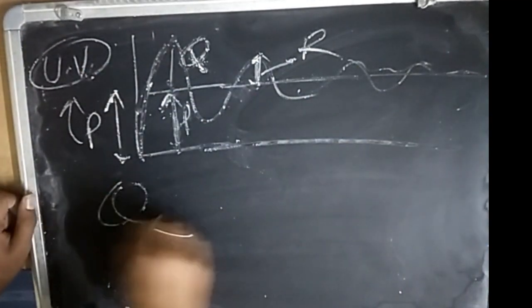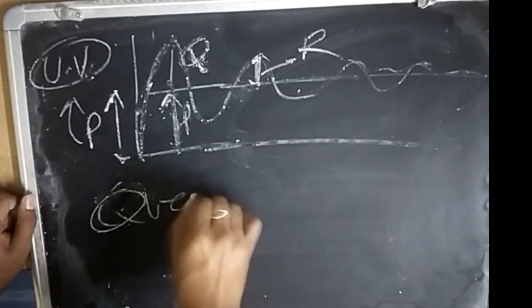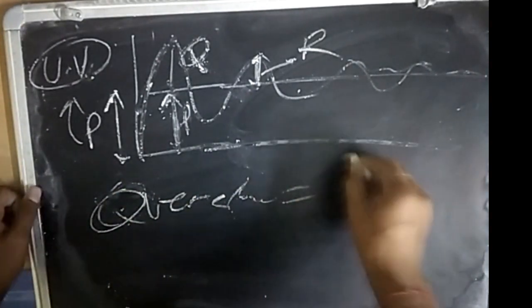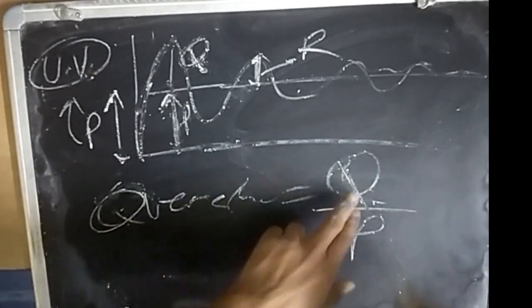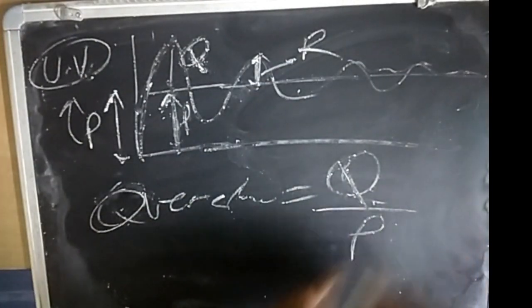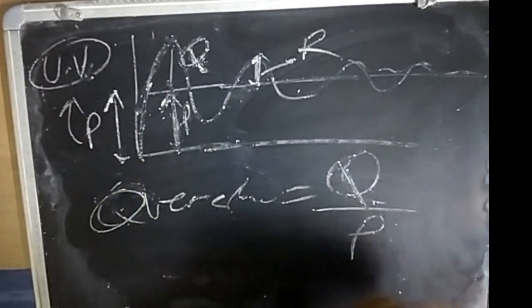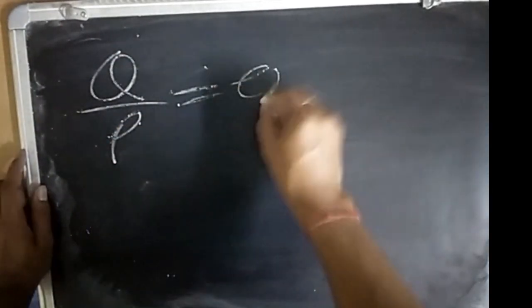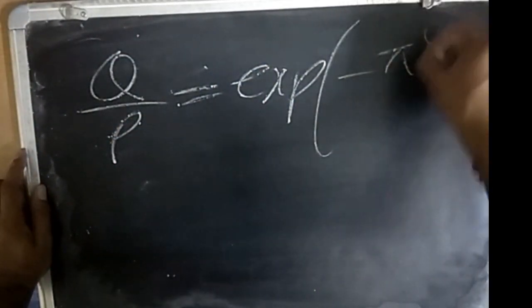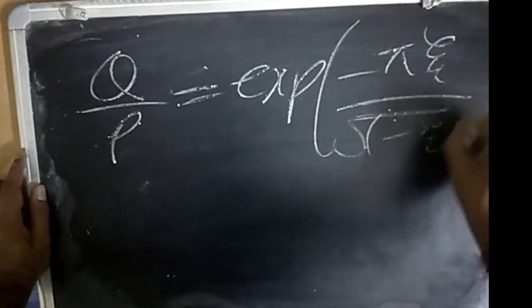So the overshoot formula is Q by P: how much peak I attain over my aim. This is given by exponential of minus pi zeta by under root 1 minus zeta square.